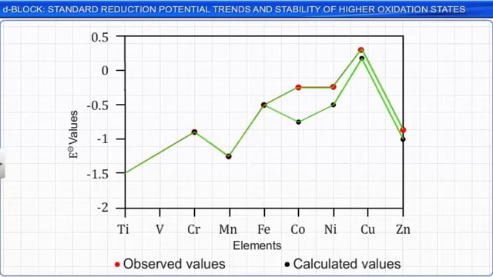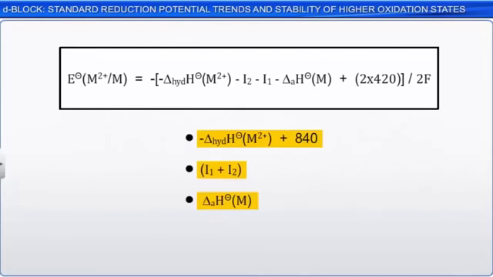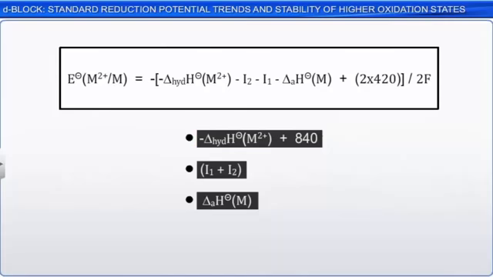The M+2 to M reduction potentials have enthalpic contributions from the terms in the equation shown here. The equation indicates that the magnitude of the reduction potential is governed by the values of three relatively large terms: the negative enthalpy of hydration of M2+ plus 840, the sum of the first and the second ionization enthalpies, and the smaller term enthalpy of atomization.